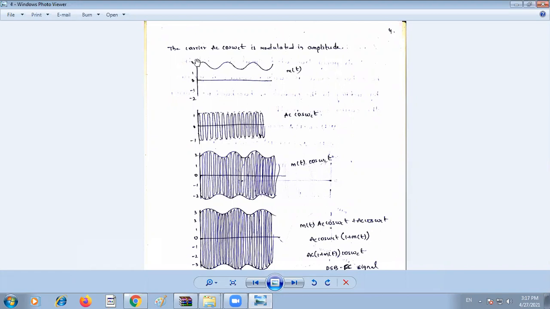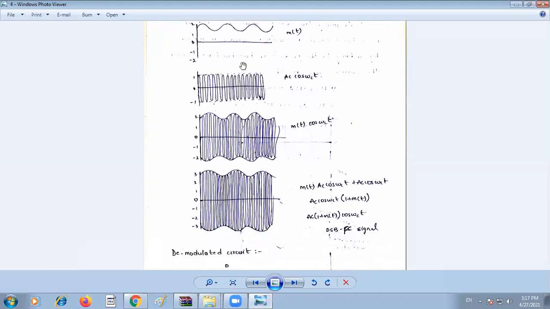This is 0 to 2, whereas 1 is the base reference. From 1 to 2 the amplitude variation takes place. When 0 to 1, the amplitude of the carrier is constant. After multiplication of these two signals, we get 0 to 2 as the amplitude of the envelope, the amplitude of the modulated signal. That is m of t cos omega c t.